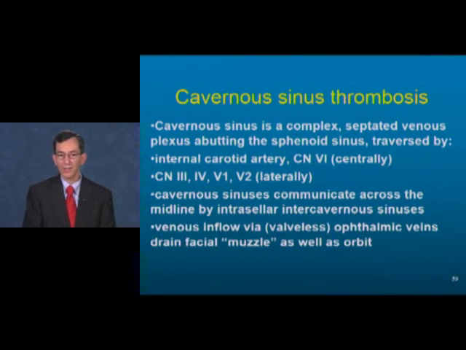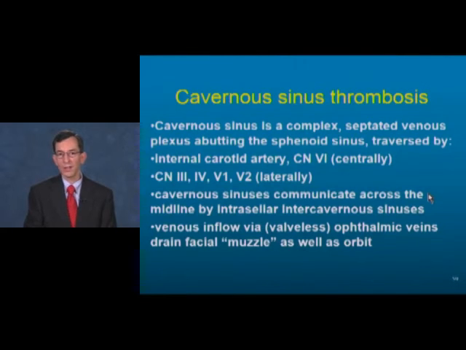And so I've listed here that the internal carotid and the sixth cranial nerve traverse the cavernous sinus medially, and that cranial nerves 3, 4, and 2 branches of the fifth cranial nerve traverse the space laterally. Most importantly, the cavernous sinuses communicate with each other through a venous plexus that is known as the intercavernous sinus.